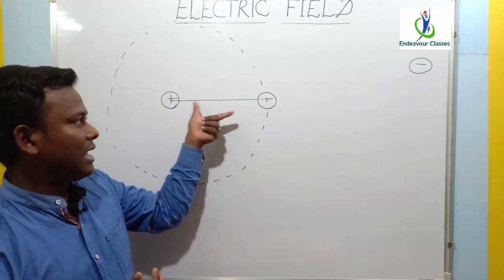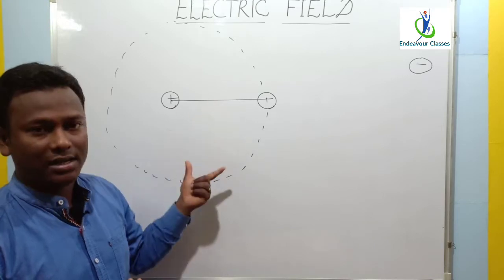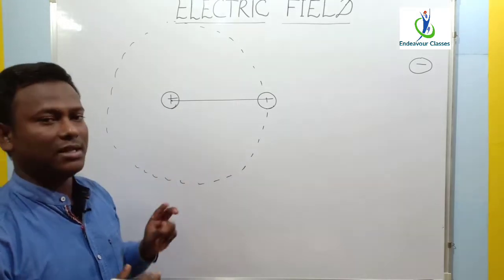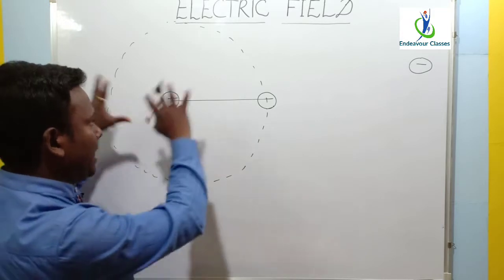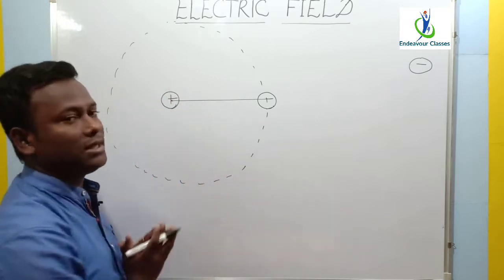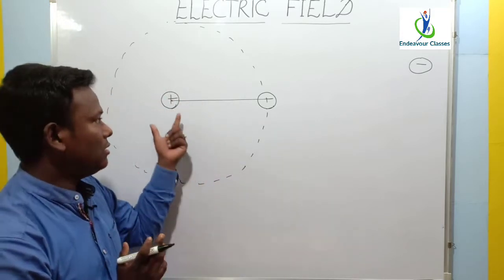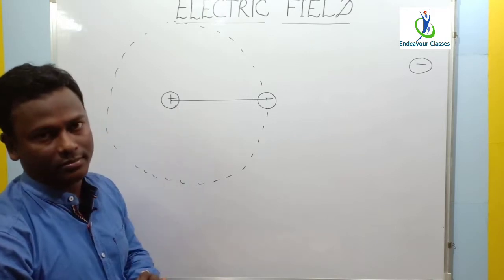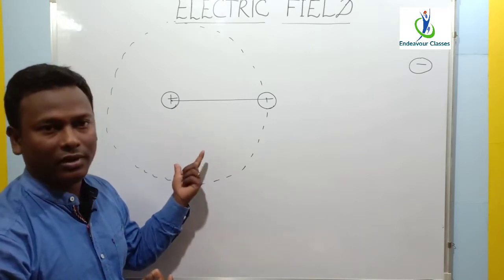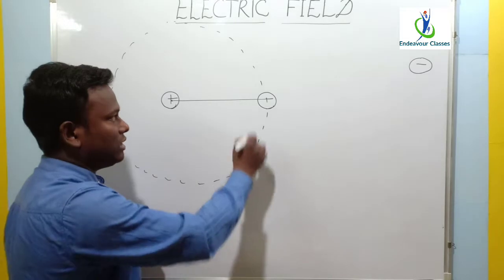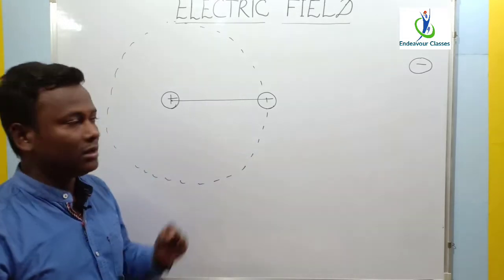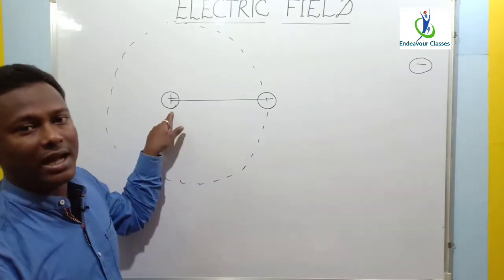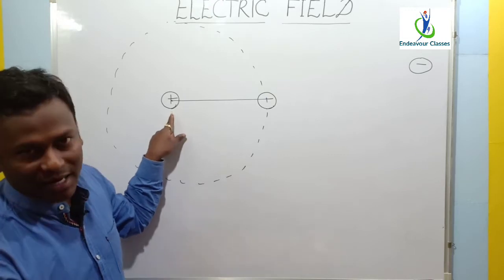So the entire space falling within this sphere will be called the electric field of this charge. So what is the literal meaning of this field? That means within this sphere only, this charged particle can put force on another charged particle.